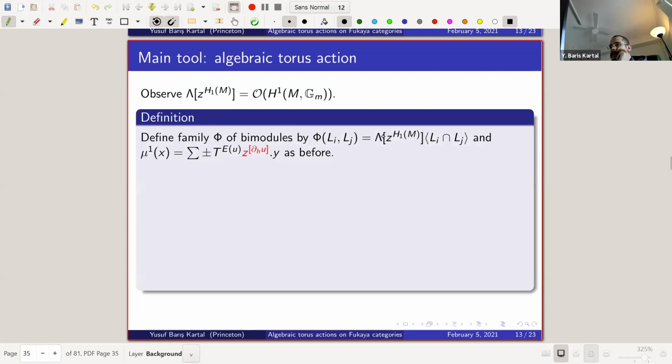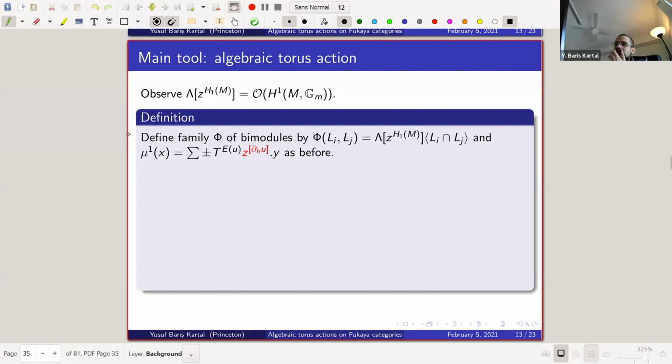Now I am actually expanding the coefficient ring to have the ring of regular functions on the scheme. You can think of this as a graded vector bundle over this algebraic torus, and a graded vector bundle is a bundle of vector spaces, right?